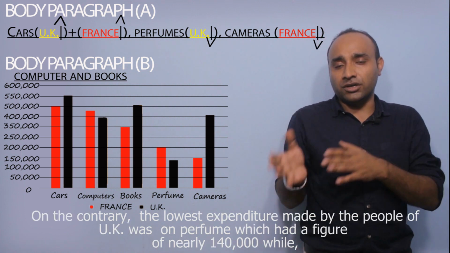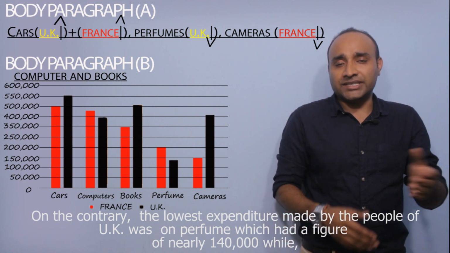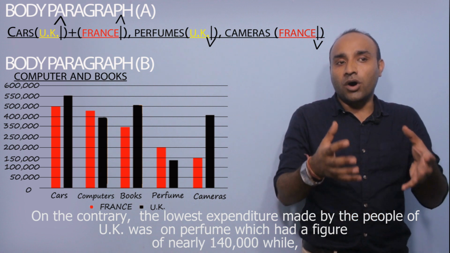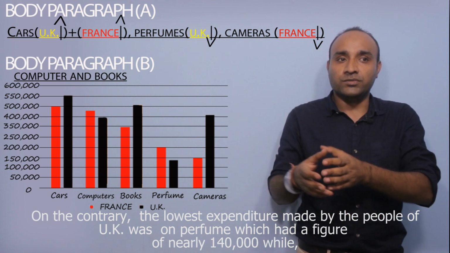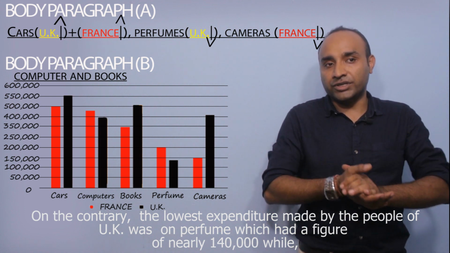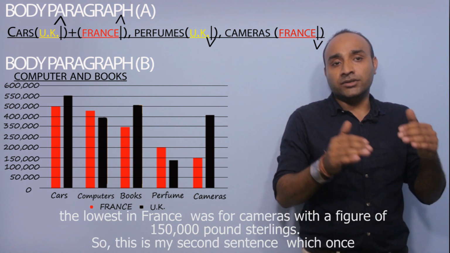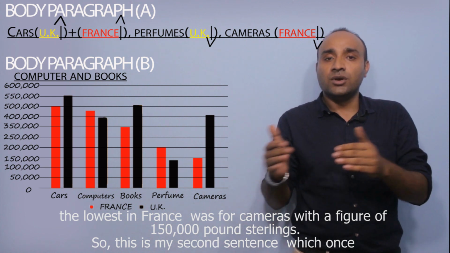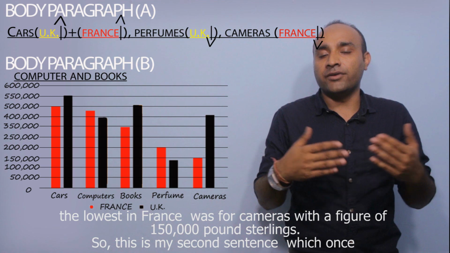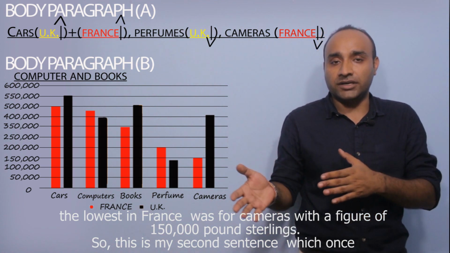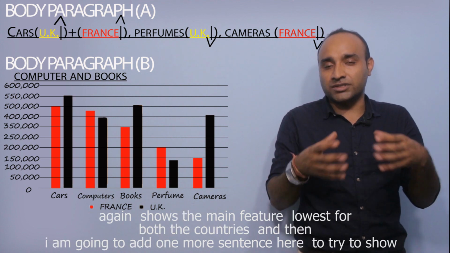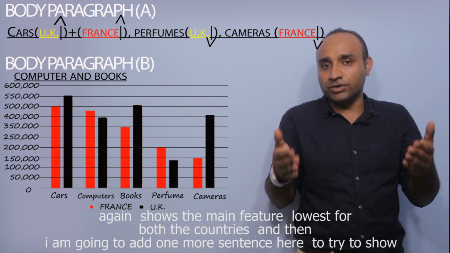So on the contrary, the lowest expenditure made by the people of UK was on perfume, which had a figure of nearly 140,000, while the lowest in France was for camera with a figure of 150,000 pounds sterling. So this is my second sentence, which once again shows the main feature, lowest for both the countries.